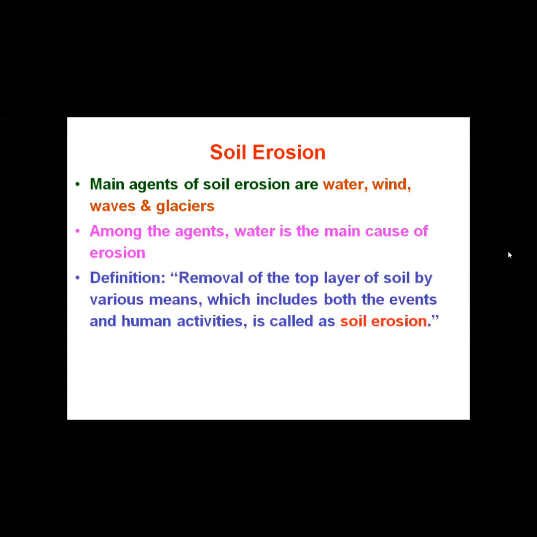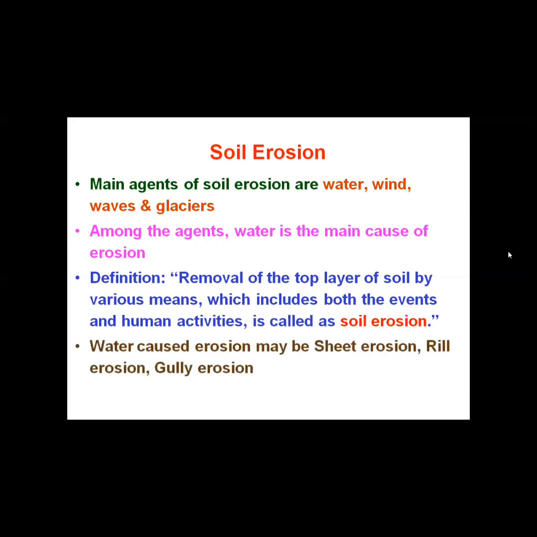If we see the definition of the soil erosion, the removal of the top layer of the soil by various means, which includes both the events and human activities, is known as the soil erosion. As and when there will be the removal of the top layer of the soil by various means, by events and human activities, then it is said to be the soil erosion.